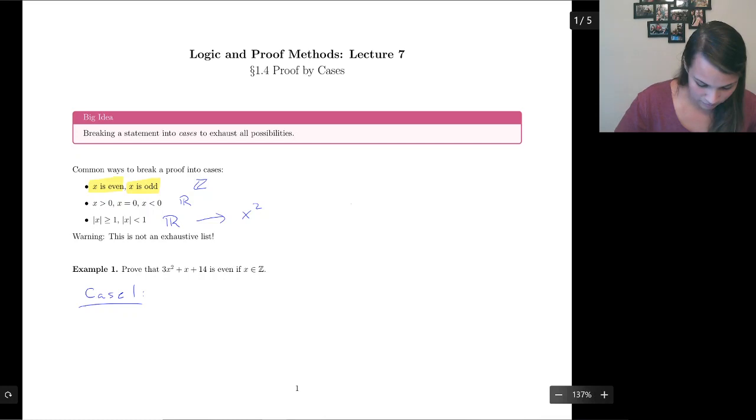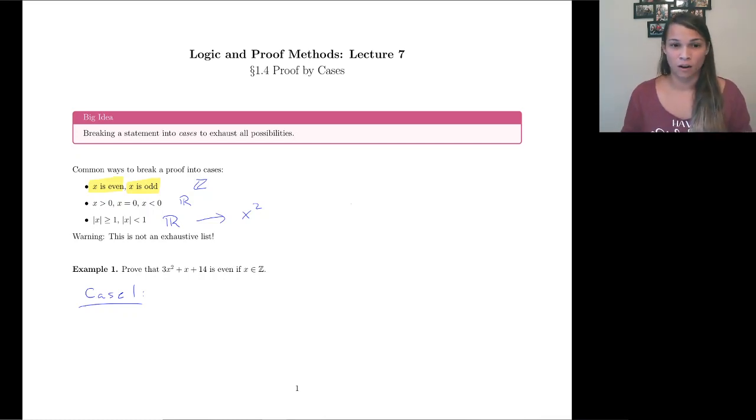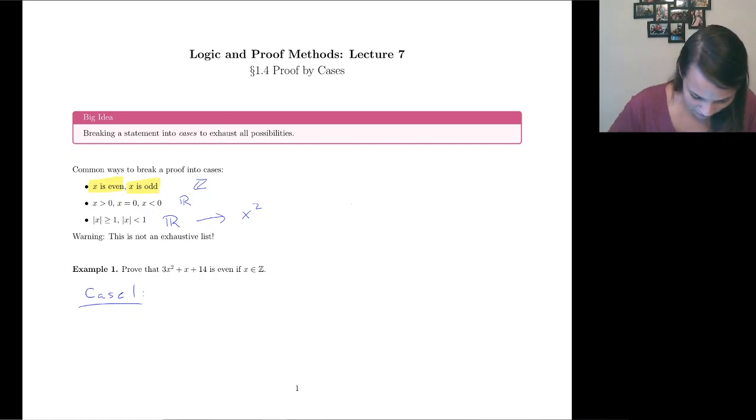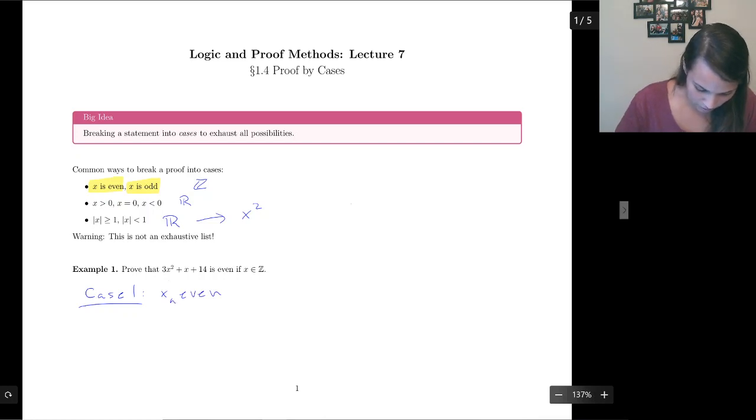So case 1, we're going to do even and odd, just like the example that's highlighted. Why? Because an integer is either an even number or it's an odd number. And that's going to give us something to plug in for x. X is even. There we go.